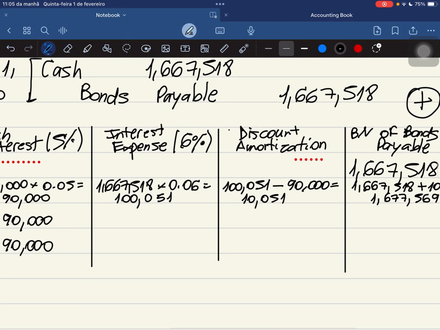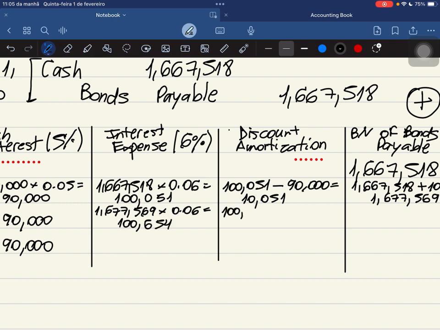Okay, same thing for the interest expense, the previous book value that we just found out times that 6% rate. That gives us 100,654.